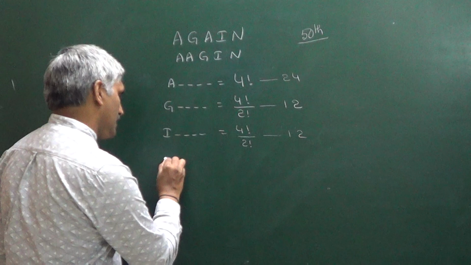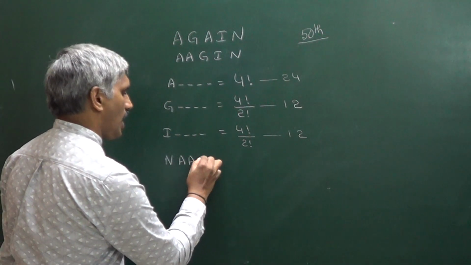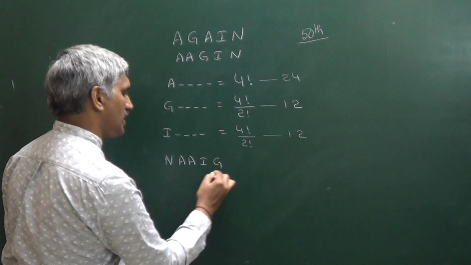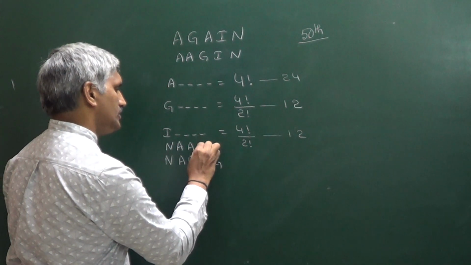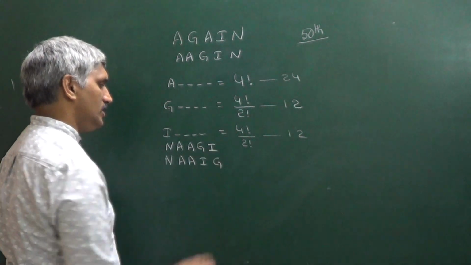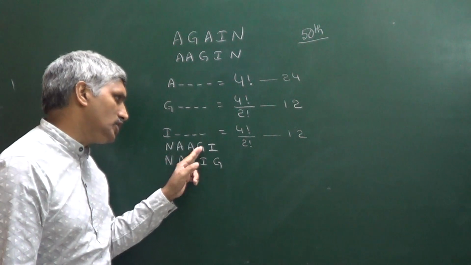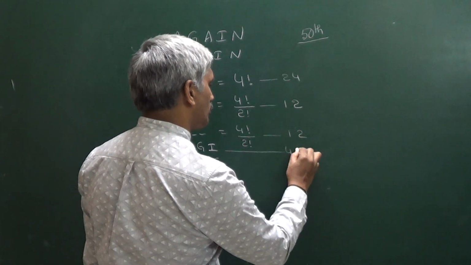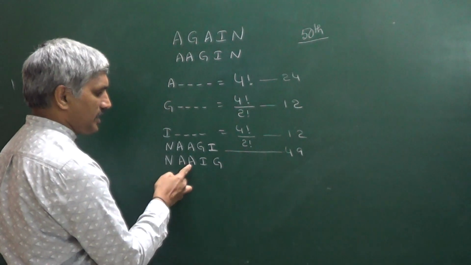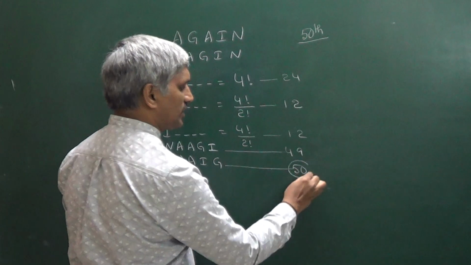So that's why N, A, I, G is one possibility, and N, A, G, I is another possibility. This is the order. N, A, G, I is one possibility, that is the 49th word. N, A, I, G is the next possibility, that is the 50th word.